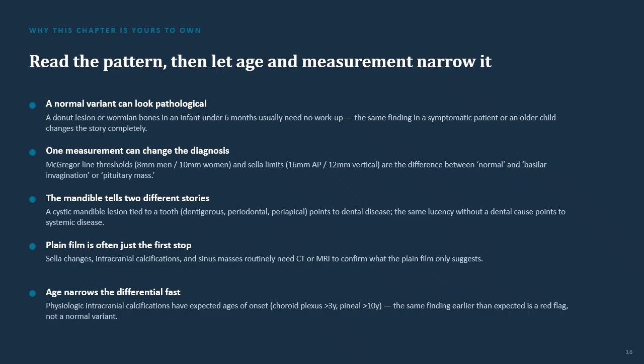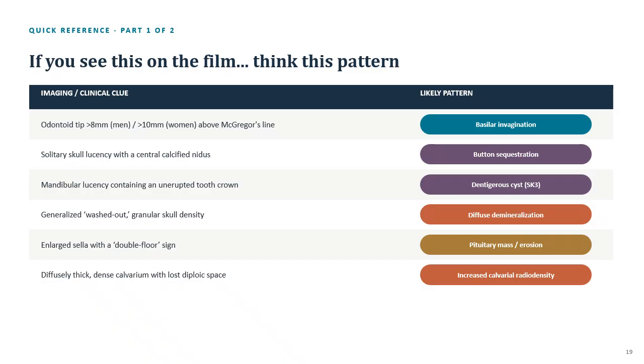Even though we're trying to learn how to recognize a pattern, we have to take into account the patient's age, the location of the pattern, and also measurements to narrow down what possible diagnosis the patient will receive. Here's our quick review of some of the patterns that we talked about with regards to the skull. We're not trying to memorize any of these diseases, and we're not even trying to diagnose any of the diseases. We're just trying to match what we might see in an x-ray with the pattern that we learned.